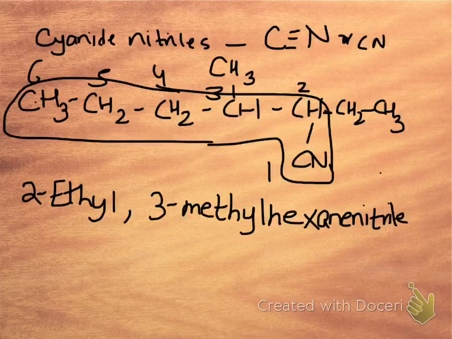So this is our compound name: 2-ethyl, 3-methyl hexanenitrile. So let's go to our next one. Our next one is aldehyde.